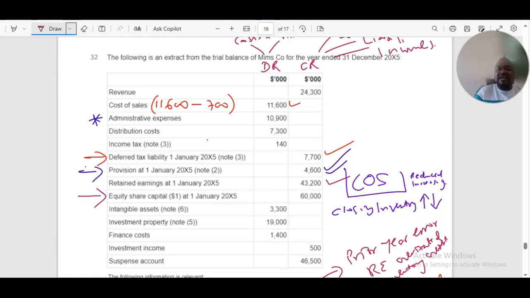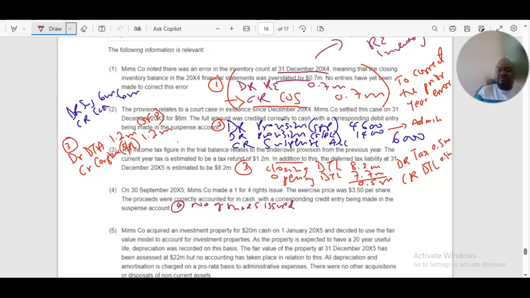So if they are worth $60,000 and they've got a nominal value of $1, it means we have got 60,000 outstanding shares previously issued to the shareholders. But we have issued 1 for 4. So obviously, the number of shares issued in the rights issue is 15,000 shares.